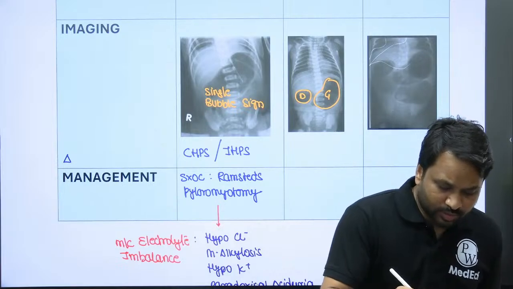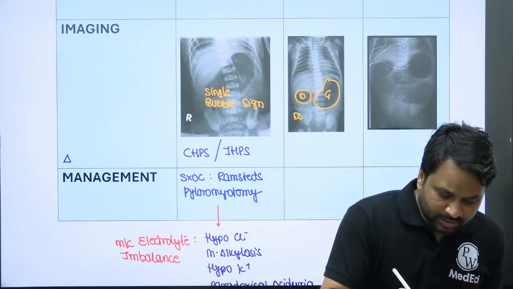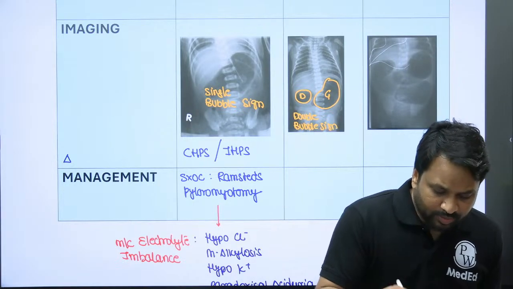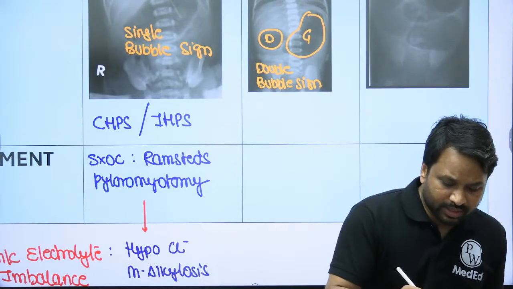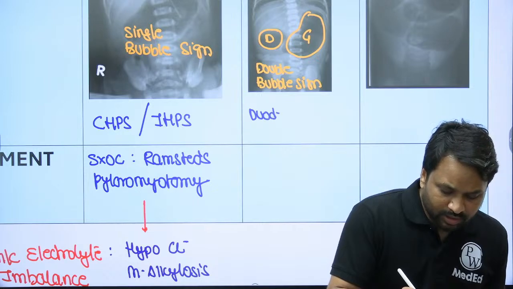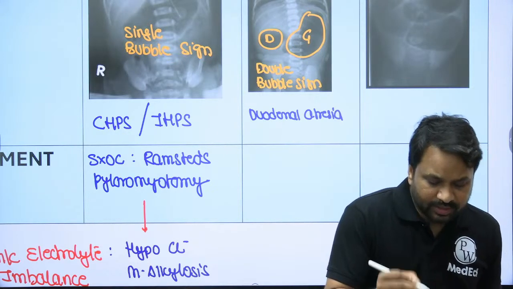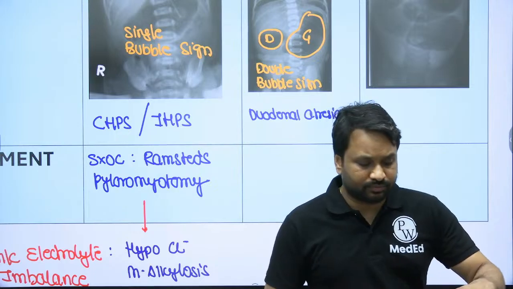So this is what we call the double bubble sign. I hope everybody knows the double bubble sign here indicates duodenal atresia.